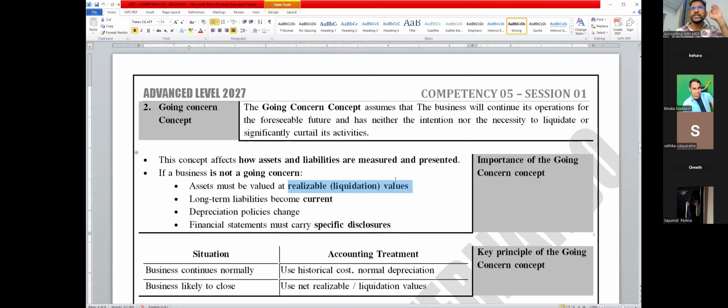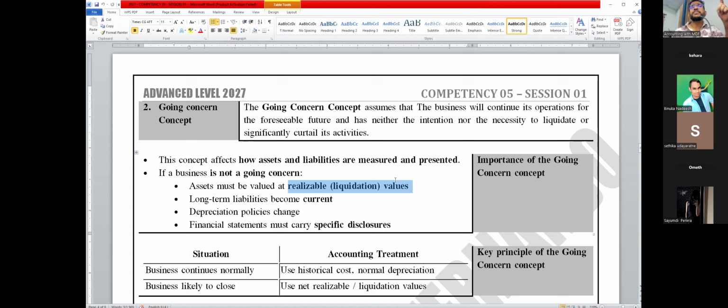Generally, it is told that the asset should be disclosed at its cost. But whenever the business is not a going concern, meaning it has an intention to liquidate or close down the business, assets should not appear at cost.